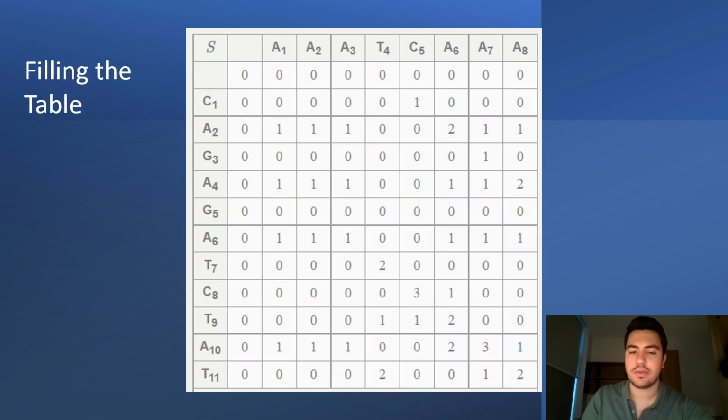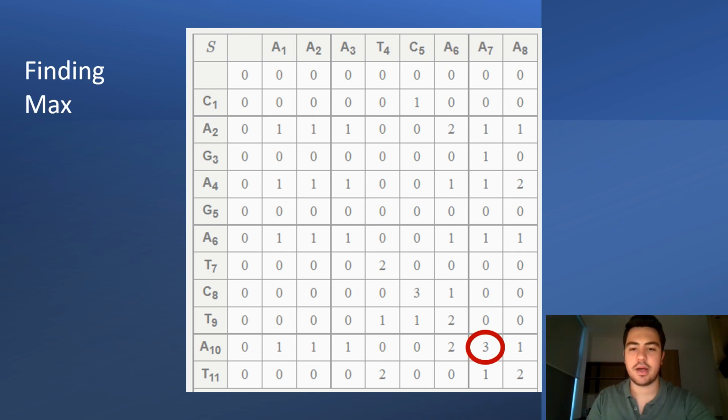So we fill the matrix by using the formula. Here you can see that if two characters match, they will get the reward of 1. And if they mismatch, as you can see here, there's a G and an A, they will get the mismatch penalty of 1. And if there is an indel, as you can see here, there's a C and a T, you will get the indel penalty of 2.